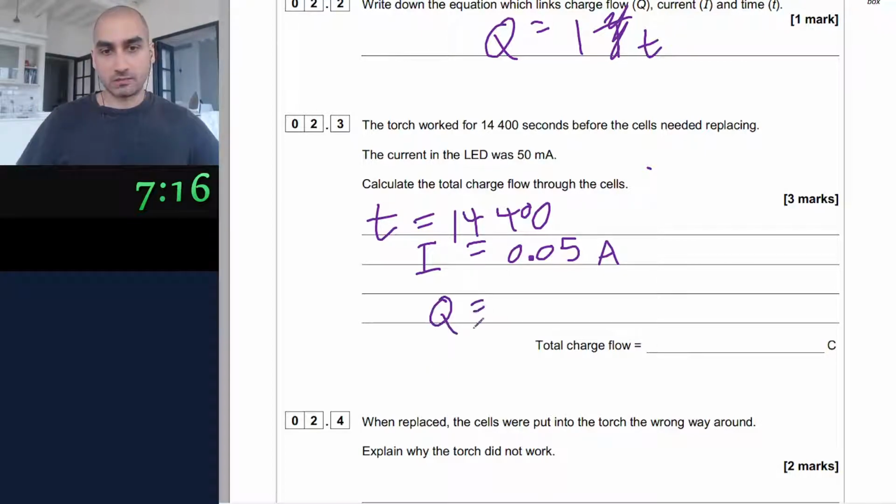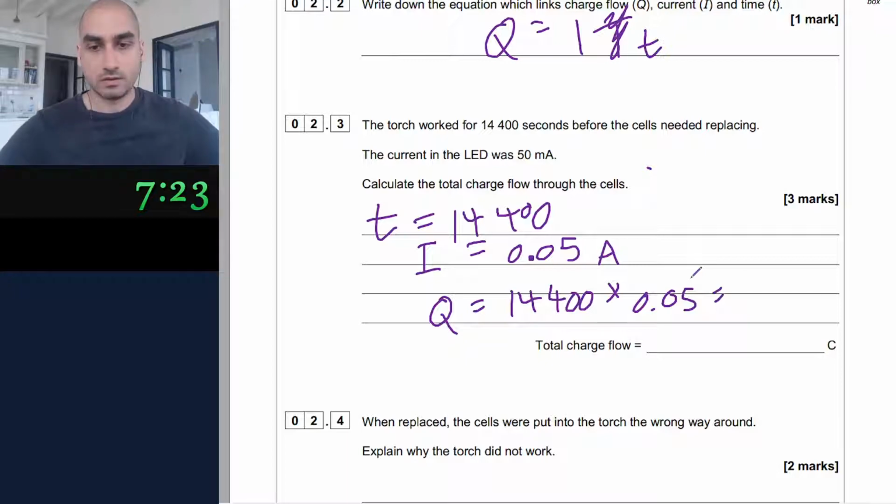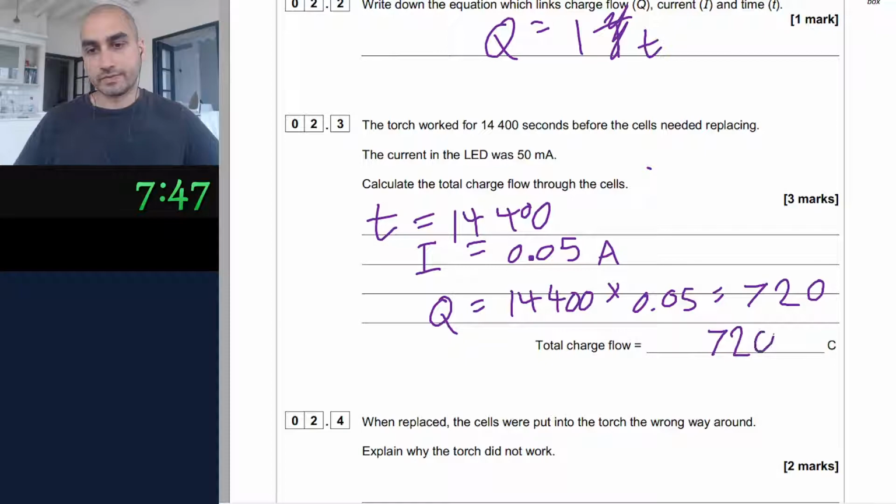So Q equals 14,400 times 0.05 equals 720. I mean, that was easy to work out arithmetically. All right, so 720 coulombs.